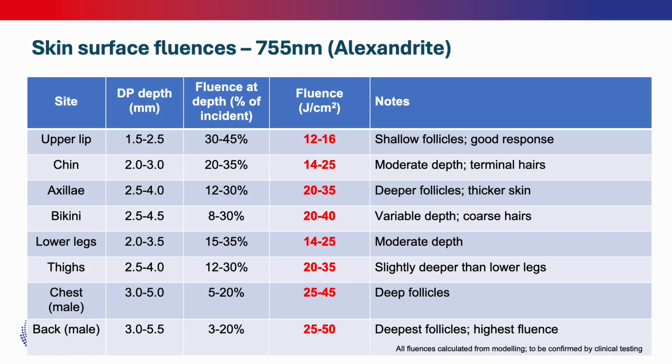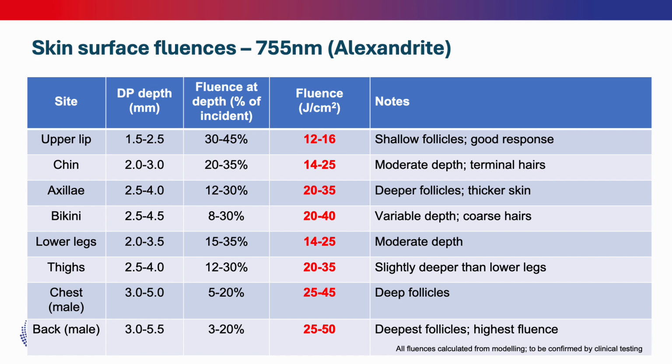This table shows the fluence range that my models calculate. So we can see, for example, in the upper lip, the papilla depth is somewhere between 1.5 to 2.5 millimeters. The fluence at that depth has dropped from the incident fluence at the skin surface to somewhere between 30 to 45% for those corresponding depths.